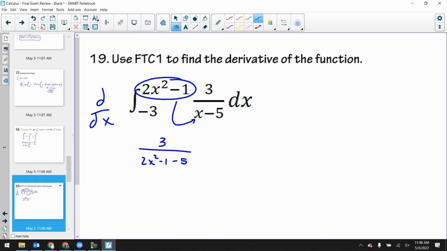And then remember that if I'm finding the derivative of this, I'm peeling back a layer of the integral, and now I have to multiply by the derivative of the piece that I plugged in. So I'm going to multiply by 4x. All said and done, that gives me 12x over 2x squared minus 6. And I can divide that all by 2. So 6x over x minus 3. Oops, sorry. That should be a squared down there.